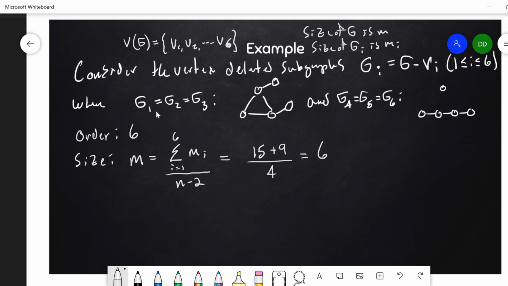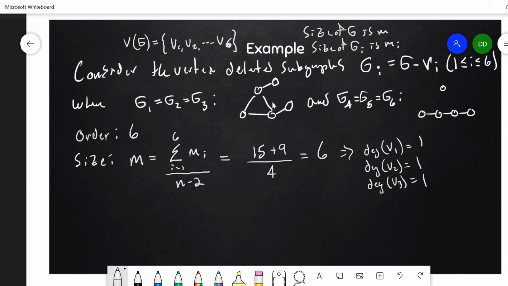Now that I know the size of G, I can actually determine the degrees of each vertex. If G sub 1 looks like this, which is 1, 2, 3, 4, 5, has size 5, and I know there's a total of 6 edges in the original graph, that tells me the degree of V1 must be 1. Same thing for V2 and V3.